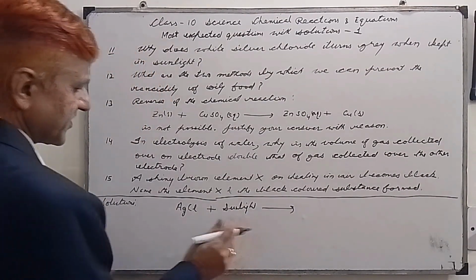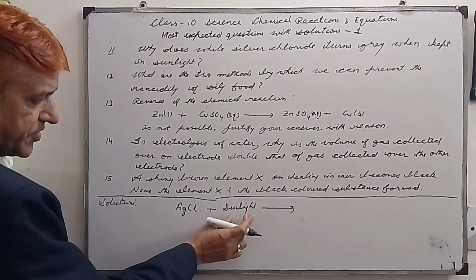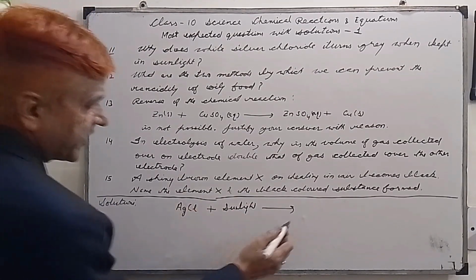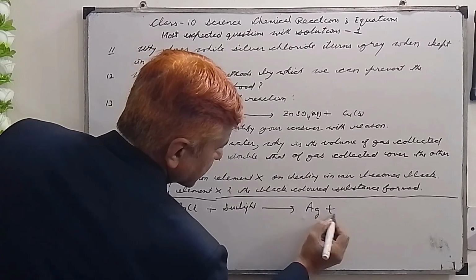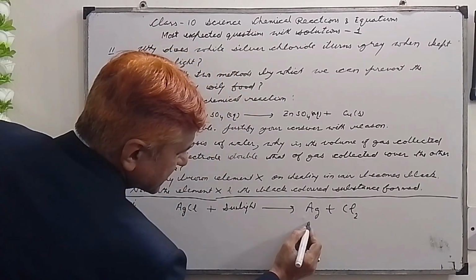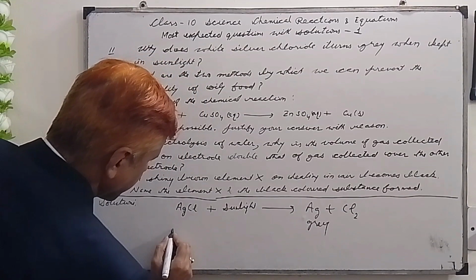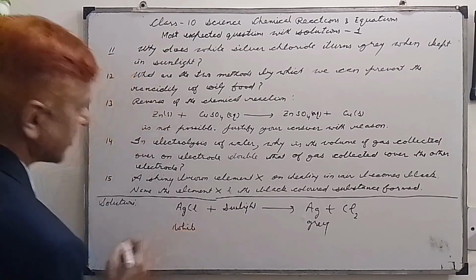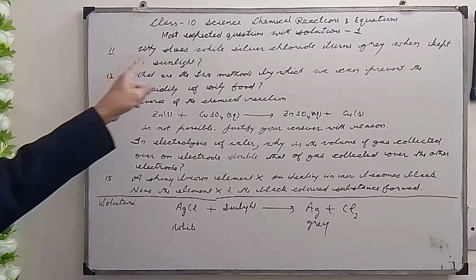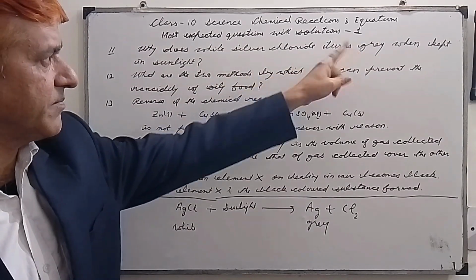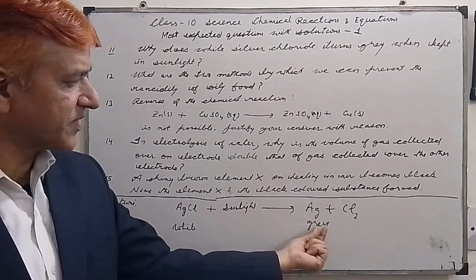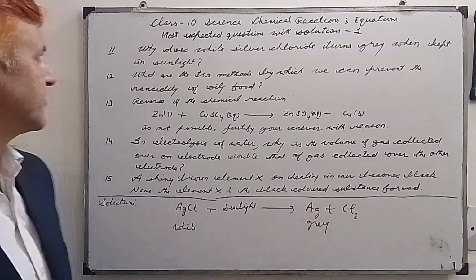What happens is that due to sunlight, silver chloride decomposes into silver plus chlorine. This is gray in color and this is white in color. So now you know the answer very well. Why does white silver chloride turn gray? Due to the formation of silver, which is gray in color.